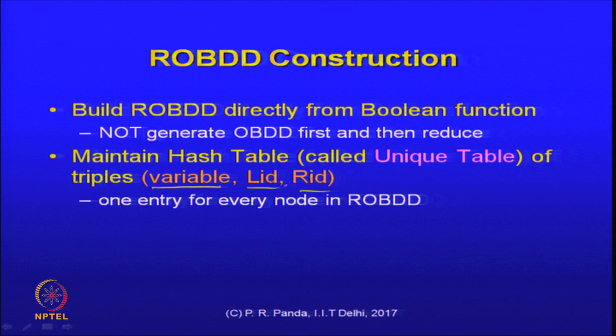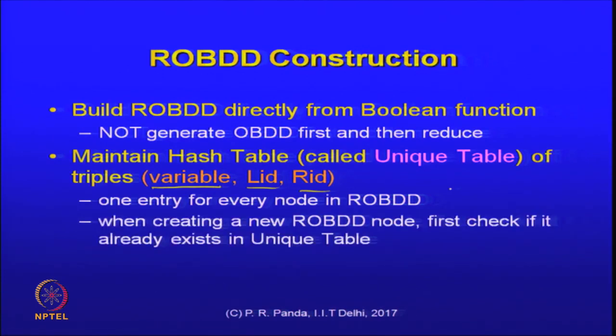So, anyway, I maintain the hash table here where I give a variable ID. These are all integers, and I have one entry here in the hash table for every distinct node in the OBDD, which becomes every node in the reduced OBDD. When creating a new ROBDD node, I will first check if it already exists in the unique table. How do I check? I run this search. Right?